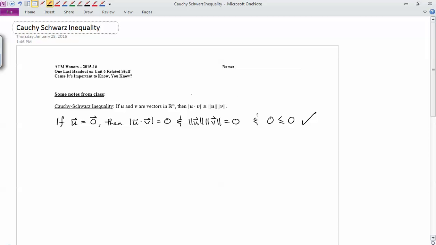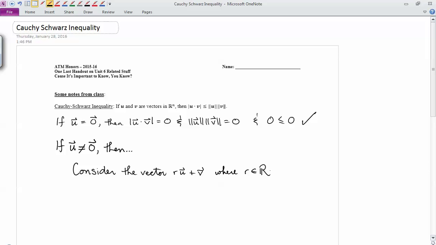So our inequality is met. Then we need to look at the case that's going to be more complicated. What if u is not 0? So if u is not the zero vector, then let's take a look at what happens. Right off the bat, this is where I don't know why someone would think of this, but we're going to consider the vector r u plus v, where r is some real number.